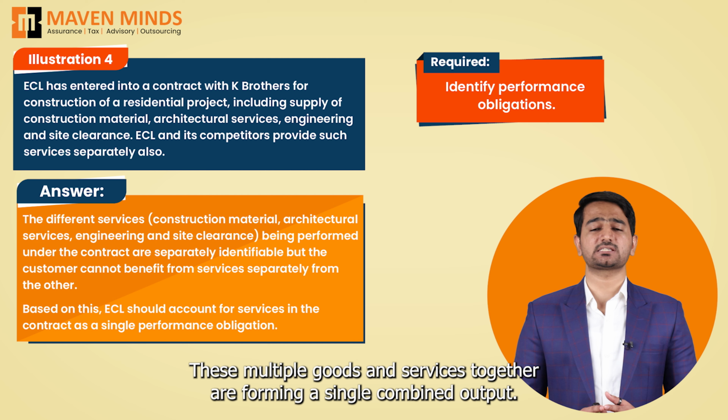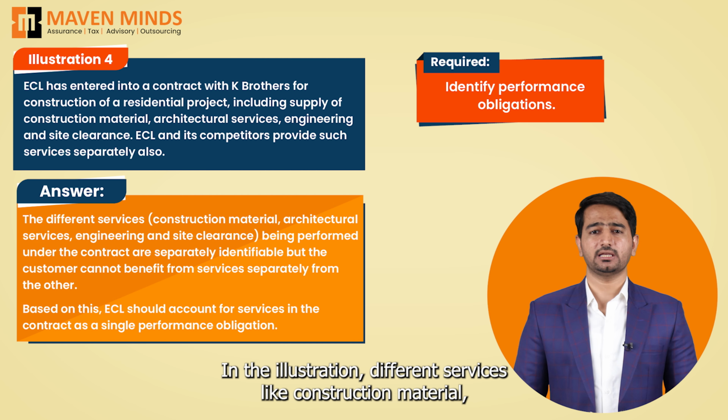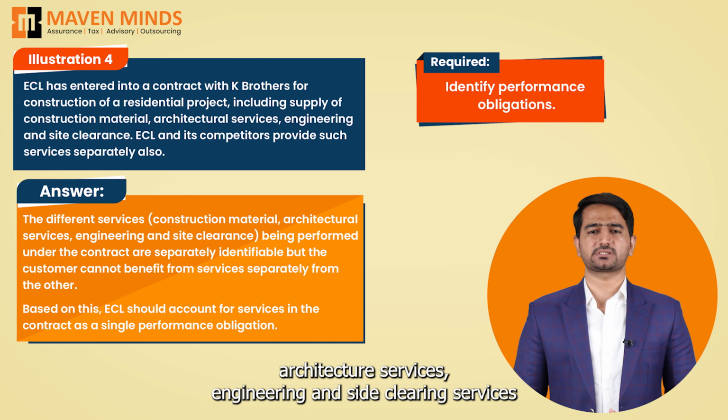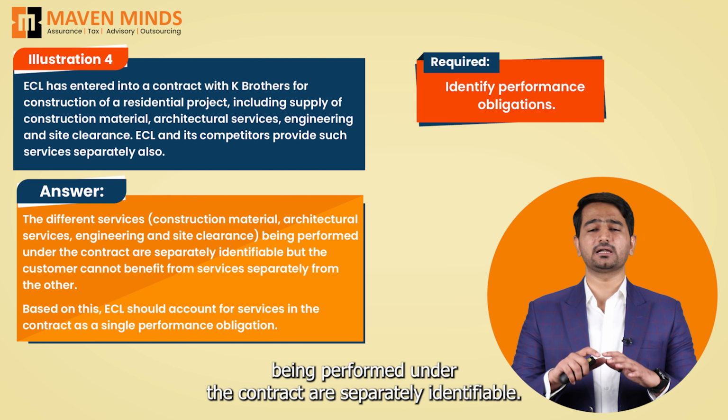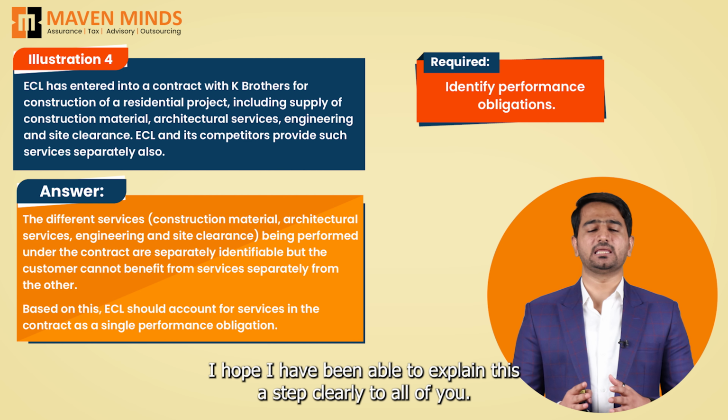These multiple goods and services together are forming a single combined output. So there is only one performance obligation in the contract. In the illustration, the different services like construction material, architectural services, engineering and site clearing services being performed under the contract are not separately identifiable. I hope I have been able to explain this step clearly to all of you.